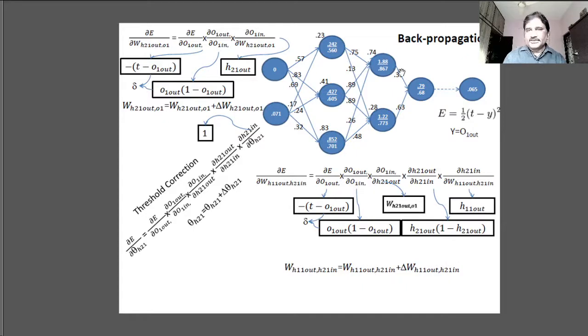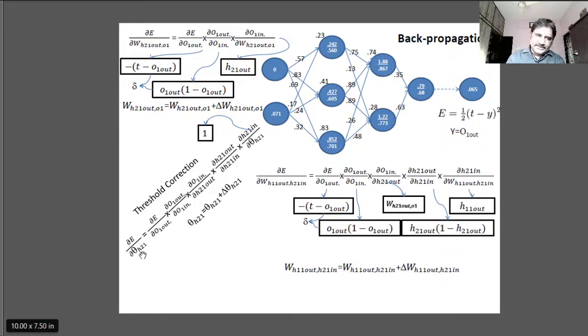Okay, threshold is also to be corrected. Now what is the contribution of the threshold in the error has to be checked. So we have to differentiate error with respect to threshold here. So we'll be finding the differentiation of error with respect to threshold at 2 1. Okay, threshold 2 1.